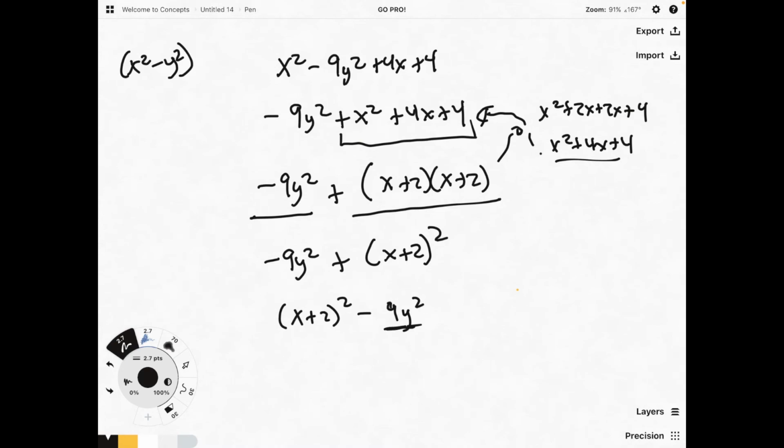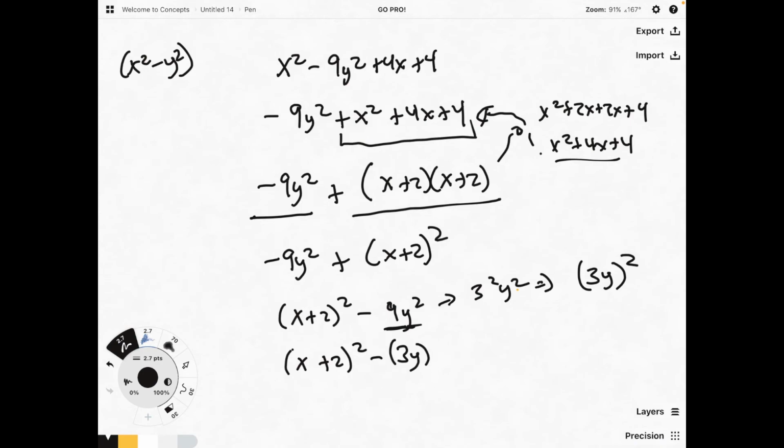We know that 9 is a perfect square and can be written as 3 squared multiplied by y squared. And so with our rules of exponents, we can actually rewrite this as 3y squared. Now, if we substitute that back in, we have x plus 2 squared minus 3y squared.